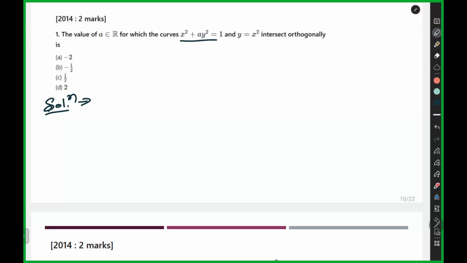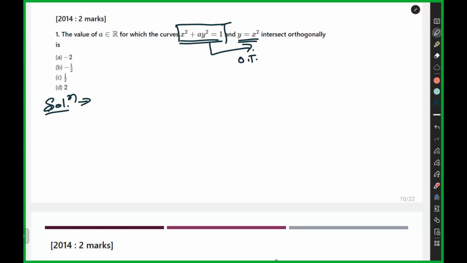Here one curve is given and another curve is also given. They intersect orthogonally, means this is an orthogonal trajectory to this curve, so we will find dy by dx for both the curves. Since they intersect orthogonally, m1 into m2 is equal to -1, and from there we can find the value of a.